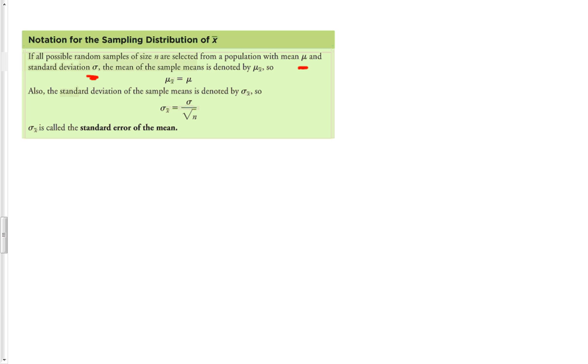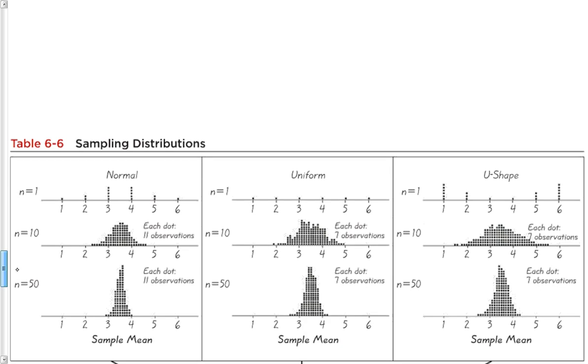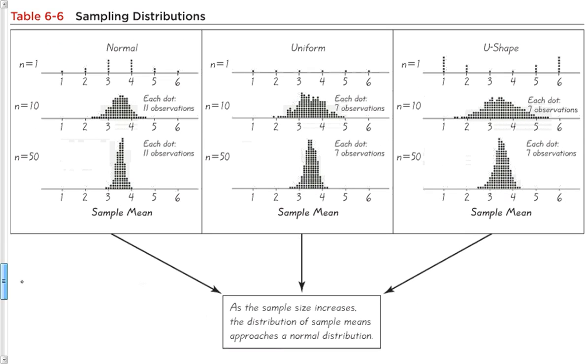This symbol, sigma x bar, is the standard error of the mean. It's the standard deviation of the sampling distribution, and it's also called the standard error of the mean.